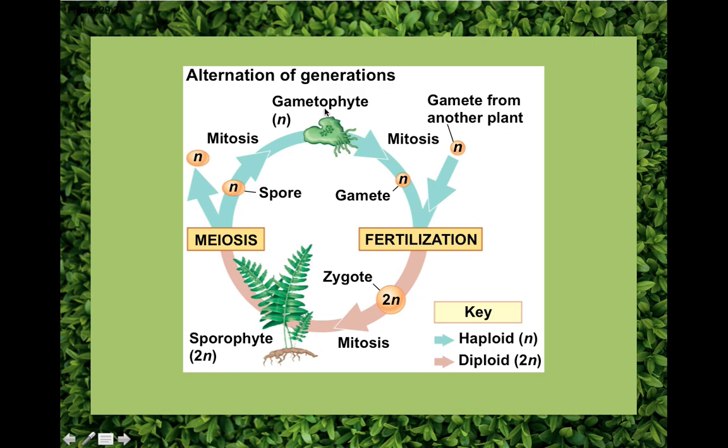The plant, that is the gametophyte, can then go on to produce gametes by mitosis, so very different from you and I. The gametes can fuse to achieve fertilization, which gives us our first diploid cell, the zygote. And that zygote, that diploid cell, can divide to form our sporophyte, which is the diploid organism. Okay, so alternation of generations means we've got a haploid phase and a diploid phase, called the gametophyte and the sporophyte.